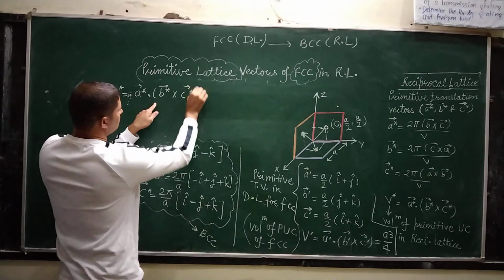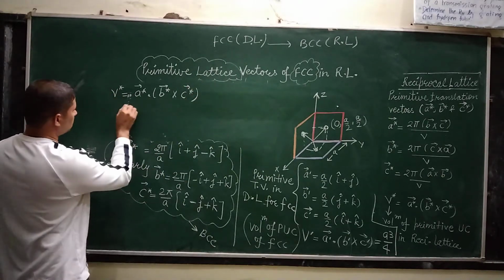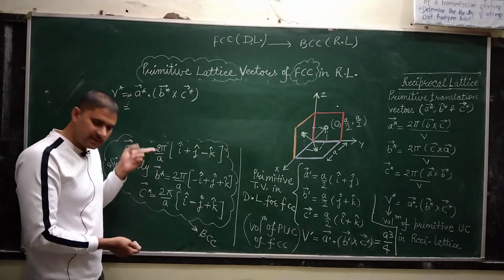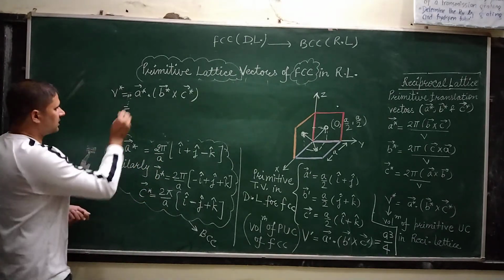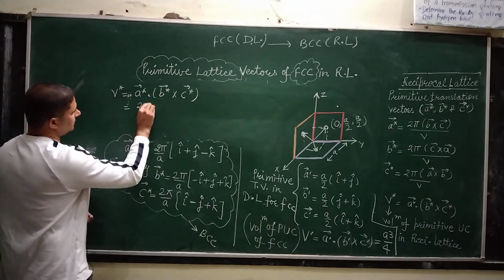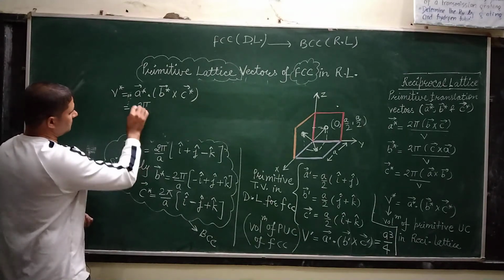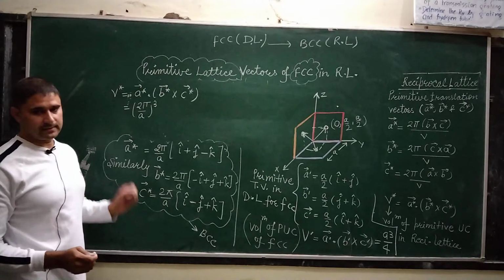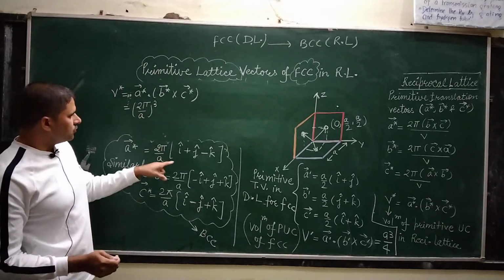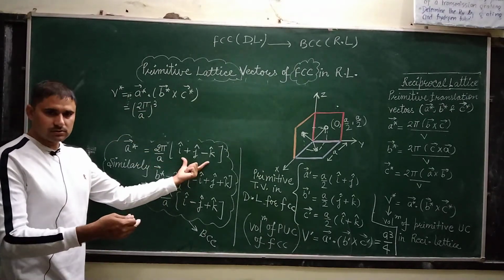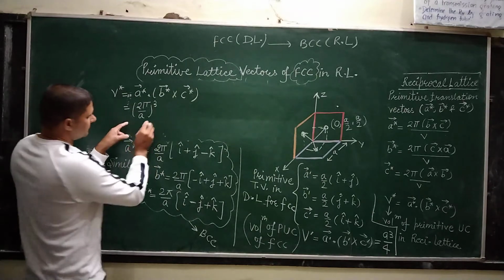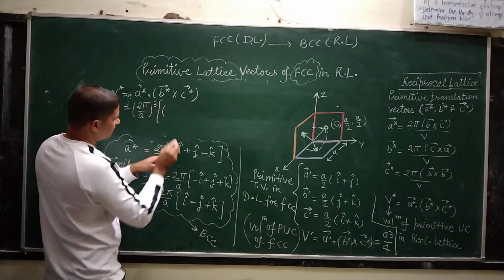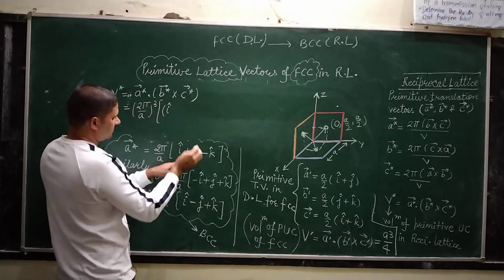C star. Okay, and if you put their value, then you will see 2 pi by a is present in all vectors, so I will take the cube of it, it is (2 pi by a) cube. Okay, and then you can put the value of these vectors, you can solve them, and here you will see it will be unit vector i.